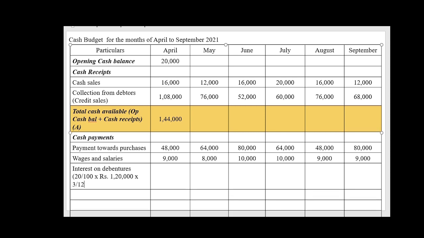So 3 by 12, 3 months. That comes to 3,000. When are we going to pay? Quarterly. So 3,000, and the next payment will fall in the month of July. Next will be in the month of October. We don't have a column for October.